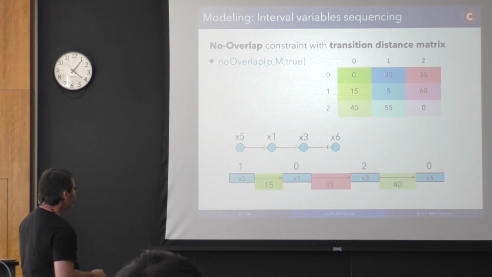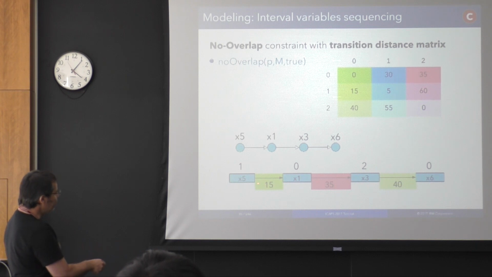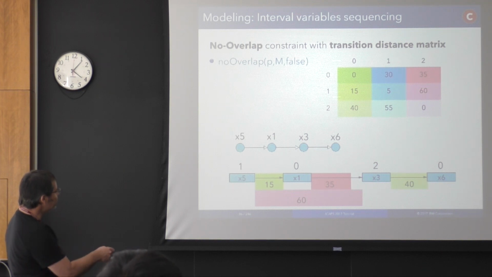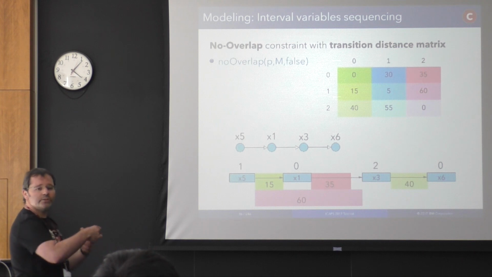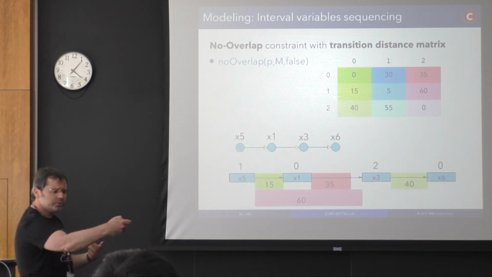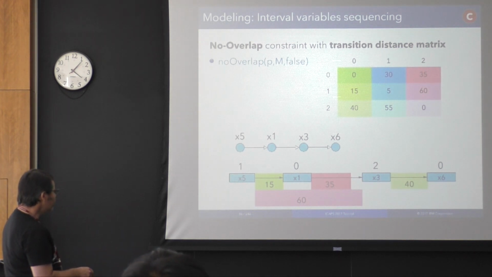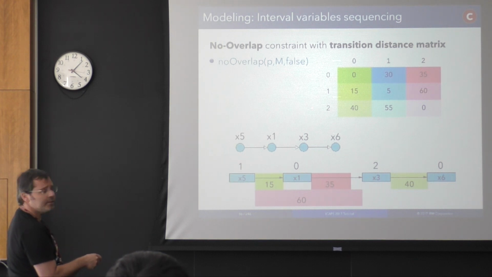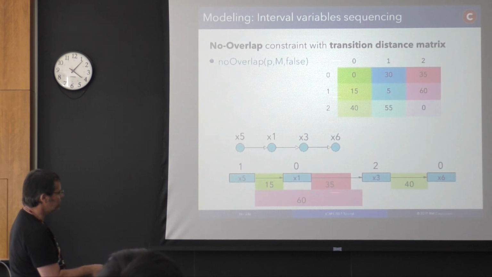And the distinction between applying it only on the direct successor or on all the successors is this. Suppose now we have this matrix and you are applying it not only on the direct successor but on all the successors. It means that, for instance, here you have x5 and then a successor that is x3, of types 1 and 2, and if you look at the transition distance between 1 and 2, it's 60, so it's maybe larger than this transition time.